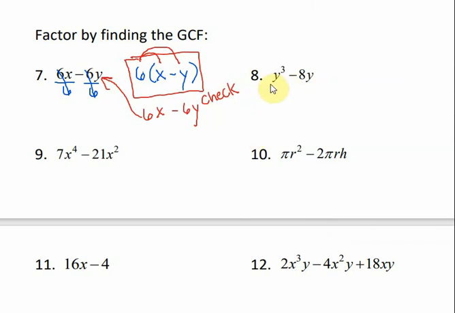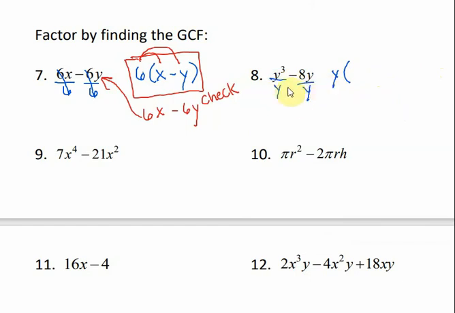Okay, so for number 8, what do these two terms have in common? Well, we see that they both have y's. How many y's do they have in common? Just one. We always use the smallest exponent. You don't have to write this part out. This is just a visual way of seeing what we're really doing.